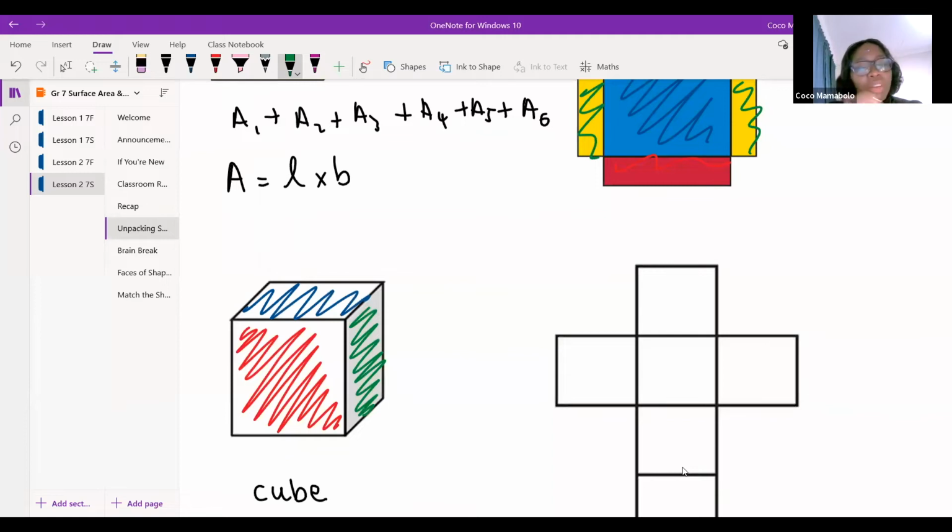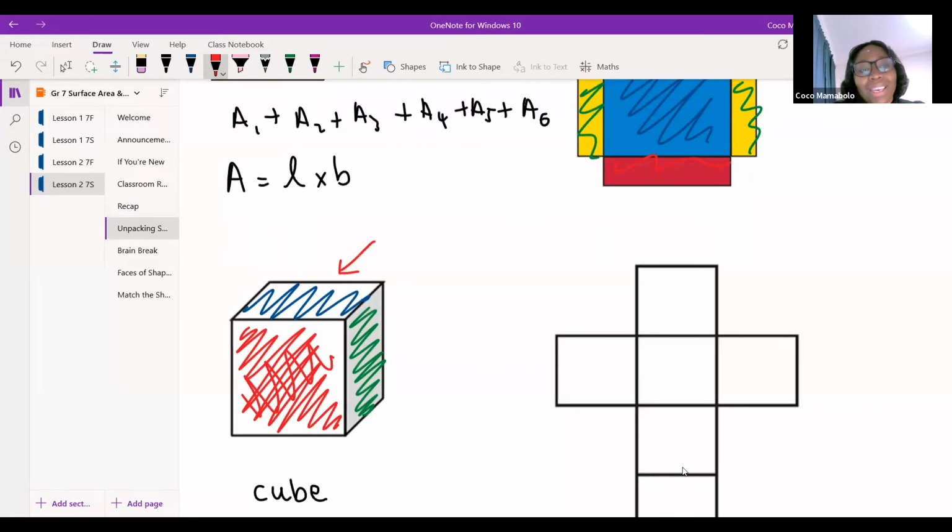Guys, if I look at my cube, do I only have 3 surfaces for my cube? No, because if I have a front side, I'm also going to have the back side.